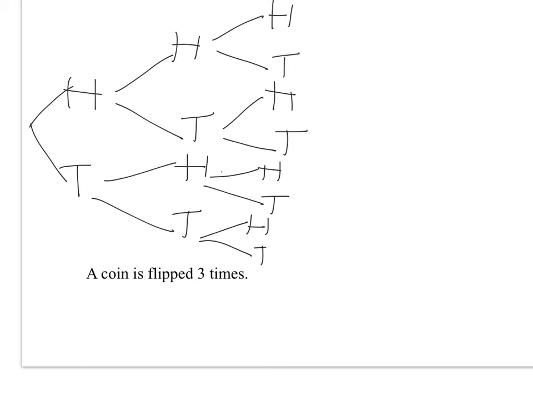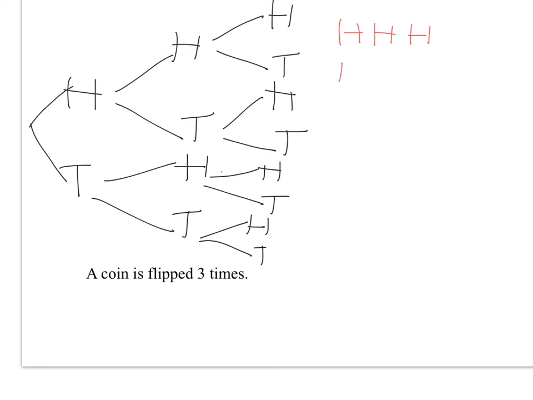Then I was actually using my highlighter and going through these. So my first one is head, head, head. So I write down head, head, head. My next one was head, head, tail.